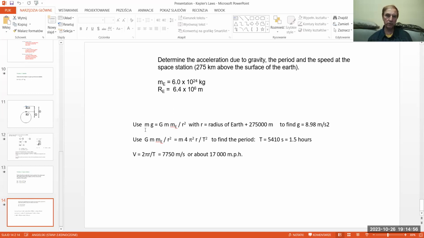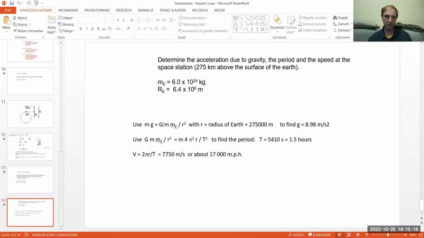The two terms, left and right, are equal because they represent the same quantity, force, or roughly speaking, approximately the weight. After rearrangement, you can find g.